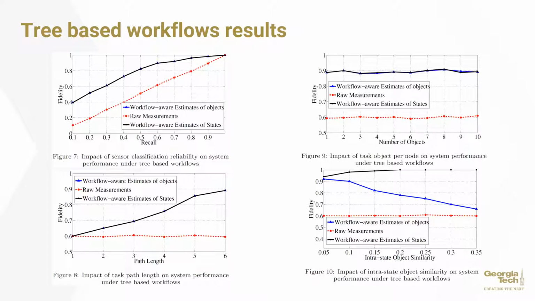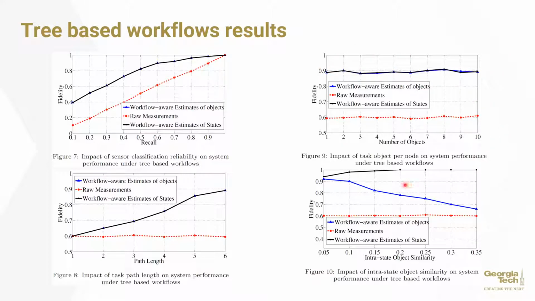So for the next figure, which is figure 9, we have the comparison of the number of objects contained within a node or within a state, and compares that to the overall system accuracy. So what you're seeing here is there is a variation between the number of objects in a state, but it could be attributed to noise. Main takeaway from this plot, though, again, is we're seeing that the hidden Markov modeled systems are performing at a higher level of accuracy.